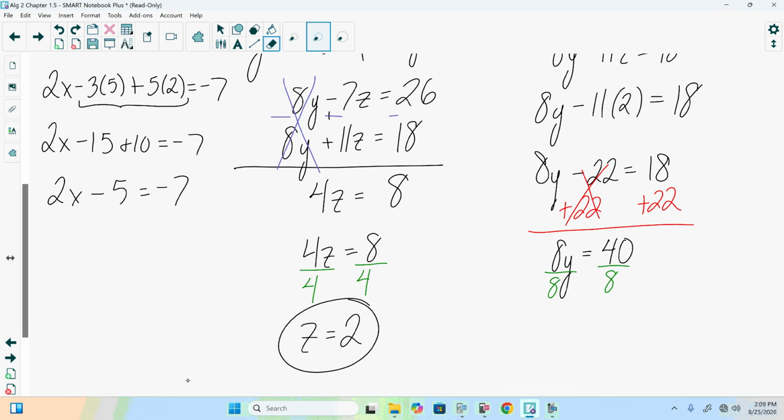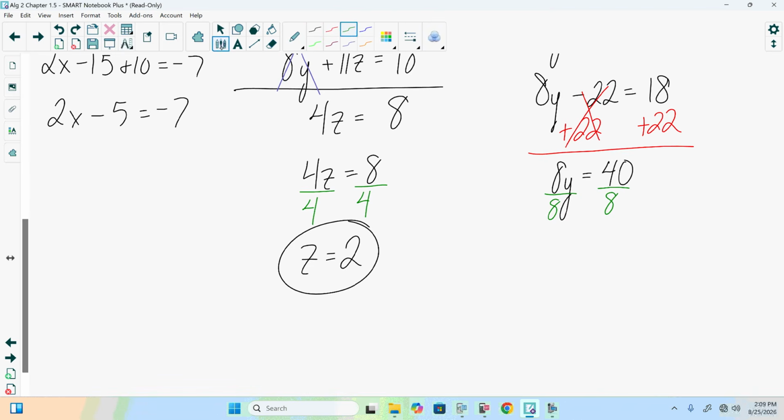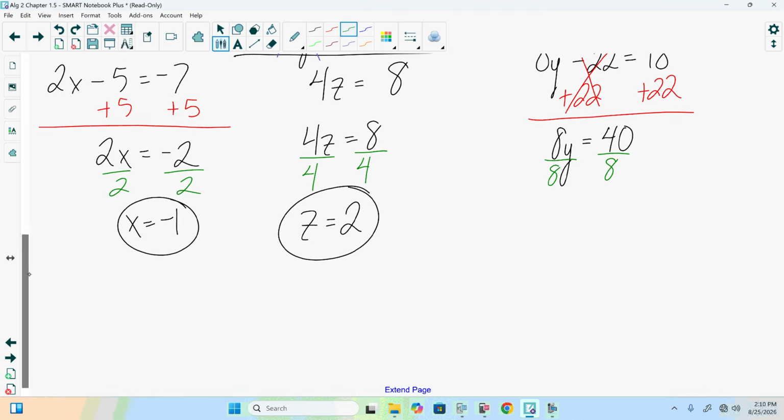Now we actually have to start doing some calculations on our own. First thing we can do is what? Plus 5 both sides. Add 5 to both sides. Telling us 2x is equal to negative 2. Last but not least, we would divide, telling us x is negative 1.